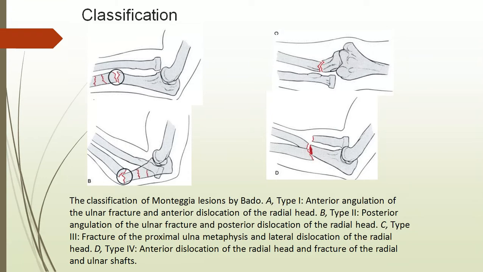But in type 4, again like type 1, there is anterior dislocation of the radial head along with the fracture of the shaft of the ulna as well as the radius also. See here, this is an example. The radial head has gone anteriorly and there is a fracture of the shaft of the proximal third ulna as well as the radius. This is the only difference between type 1 and type 4.